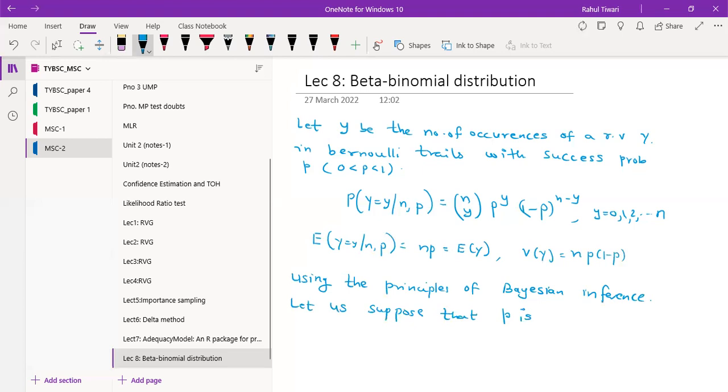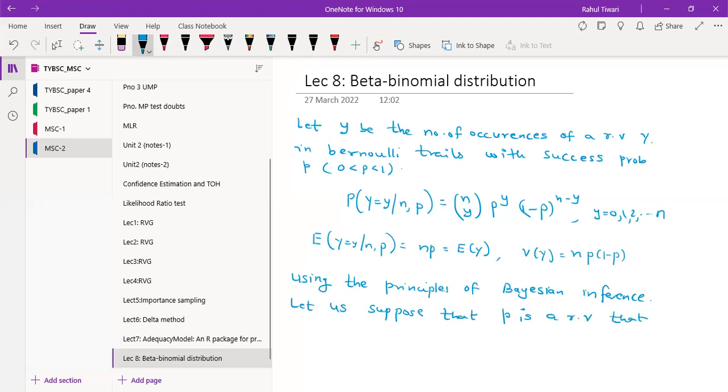So usually in your binomial distribution, this p is a constant in each trial, but assume that now p is a random variable.